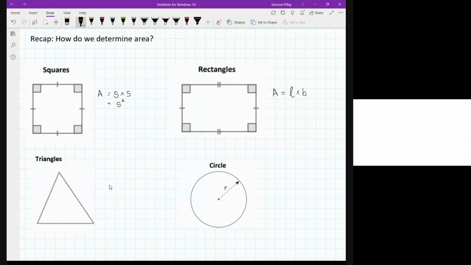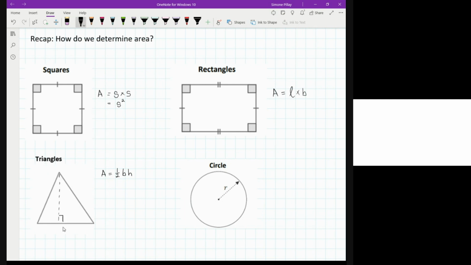When we have a triangle, we have the formula for the area, which is equals to half my base times my perpendicular height. When we talk about perpendicular height, it's super important for you guys to know the perpendicular height is the line that you can draw from the tippy top of the triangle down to the base of your triangle.